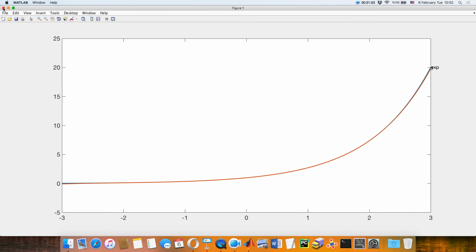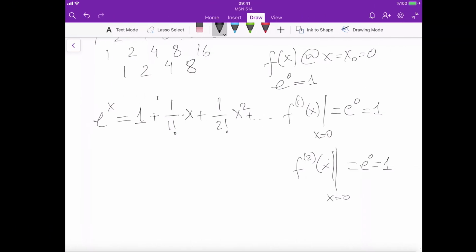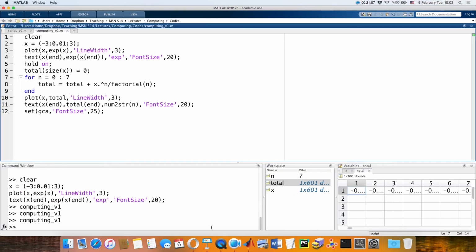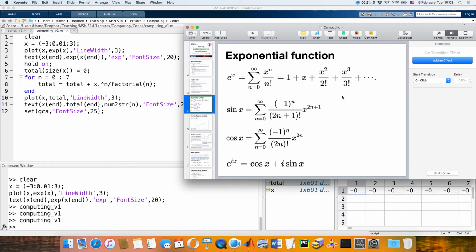Let's look at the sine function. Okay, where is it? The sine function has this kind of expansion. Do you want me to derive it? No, you don't want me to derive it.